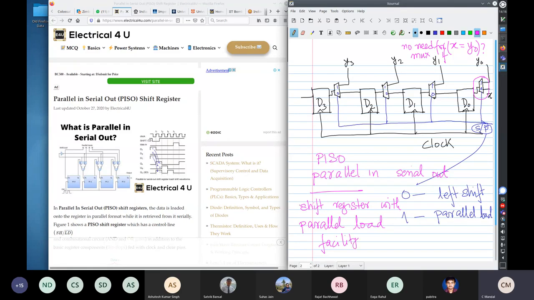This is probably better. It's just a shift register with parallel load facility. That's all. So that's it. Do you have any other questions?